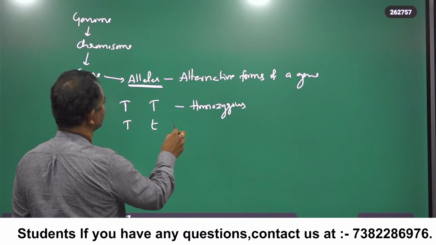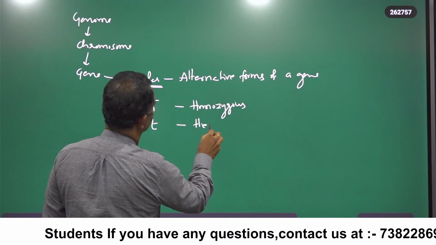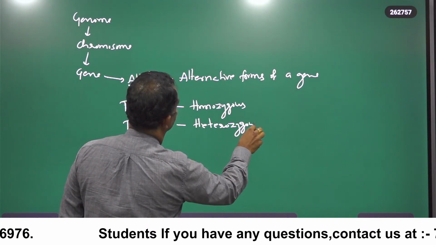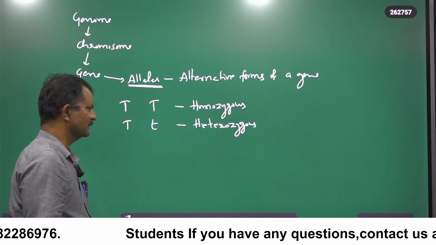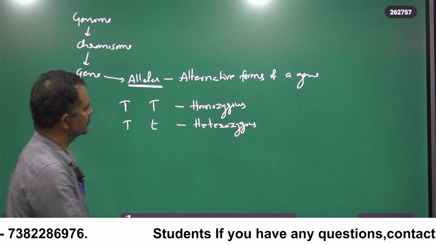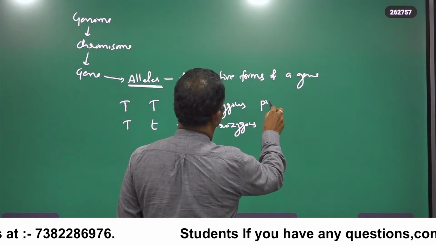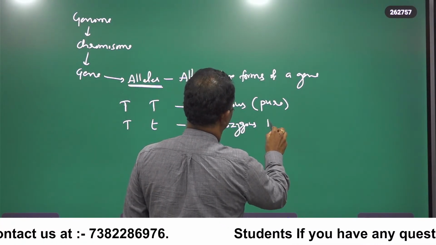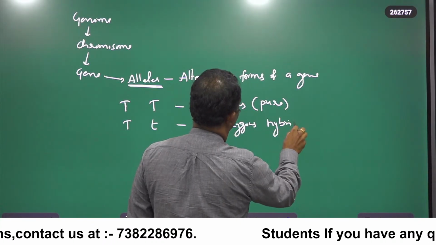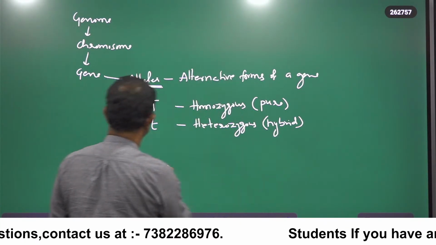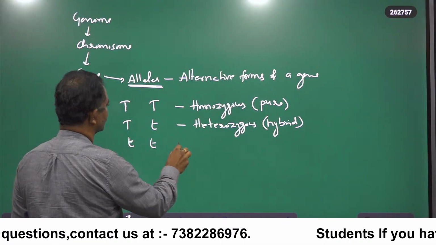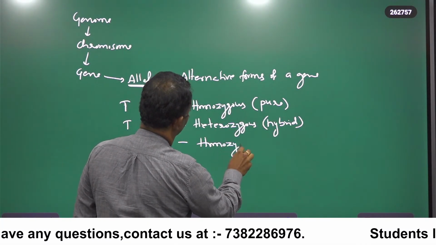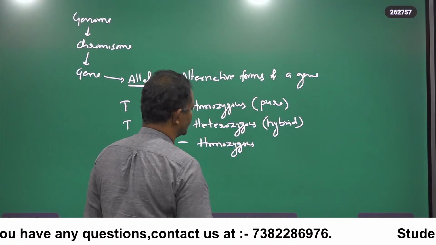Capital T, small t is heterozygous, nothing but hybrid. So homozygous is nothing but pure, heterozygous is nothing but hybrid. As well small t small t is also homozygous. It is also pure.